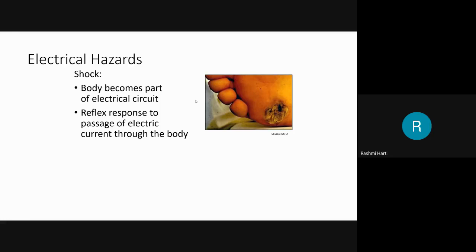It enters at one point and leaves at another. That is sudden shock. Electrical shock is defined as the reflex response to the passage of electrical current through the body.